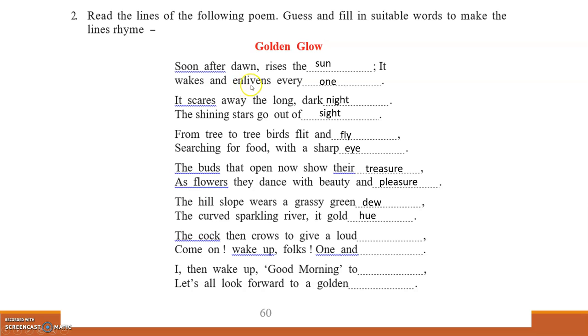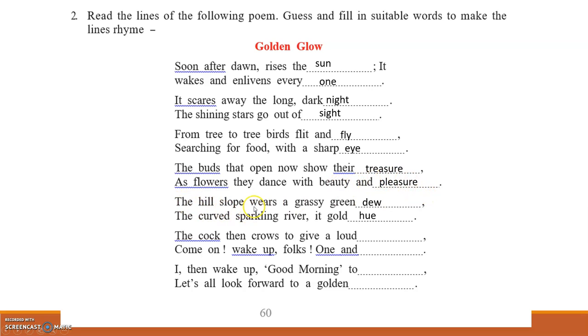So soon after dawn rises the sun, because we know after dawn is the sun. It wakes and enlivens every one. It scares away the long dark night. The shining stars go out of sight. From tree to tree birds flit and fly, searching for food with a sharp eye. The buds that open now show their treasure. As flowers they dance with beauty and pleasure.